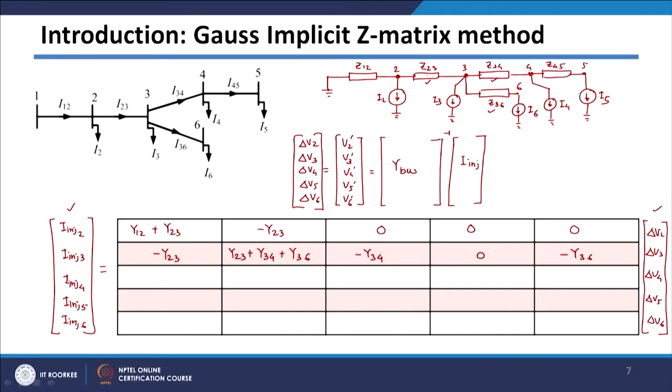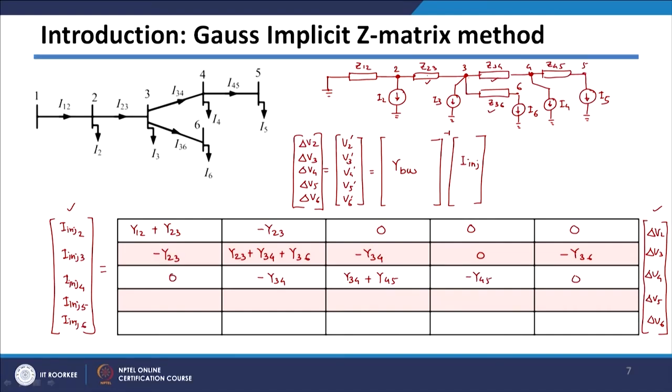Then if you consider node number 4, there are two admittances connected. Those are Y34 plus Y45. So between 3 and 4 this is Y34, and between 4 and 5 this is Y45. All other entries are 0.